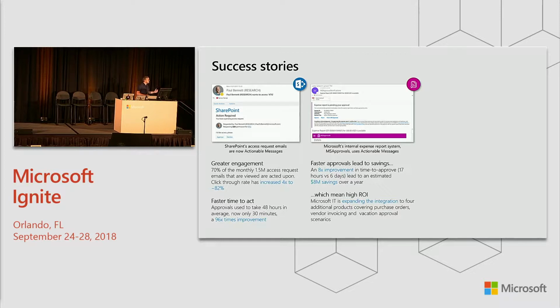It's not the 96 times that you see in SharePoint, but 8 times is absolutely not negligible. And of course, the return on investment is raised just because of that, right? And that has led Microsoft approvals to actually extend the use of actionable messages across various other solutions for the enterprise, right? Approvals for expense reports are just the start, and they're moving on to additional experiences.